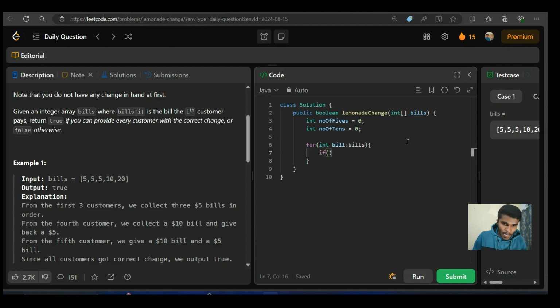If bill equals 5, I have to increment our number of fives counter, fives plus plus. Else if our bill equals 10, first I will increment our number of tens counter.